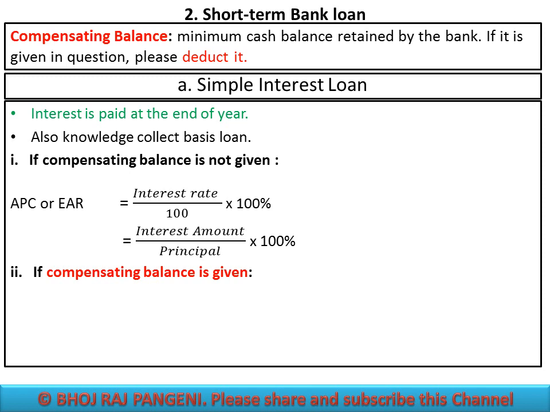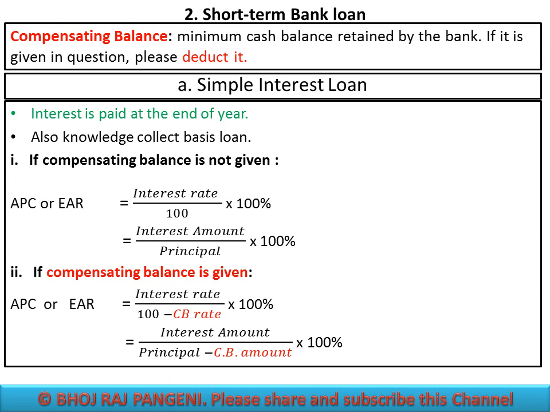Or you can use the formula method number 2, from amount: interest amount divided by principal minus CB amount. Always use the amount here. This one is the rate: interest rate, CB rate. And this is the amount: interest amount, principal amount, and CB amount.